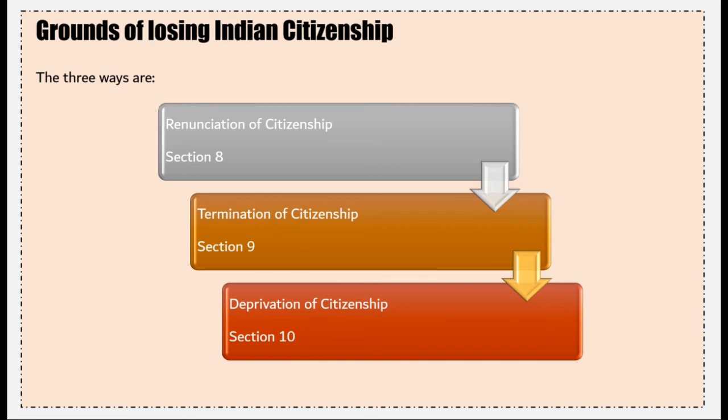But if such a declaration is made during a war in which India is engaged, the registration is withheld until the central government otherwise directs. When a male person renounces citizenship, the minor child ceases to be an Indian citizen, but the child can resume Indian citizenship within a year of attaining 18 years. Second, termination of citizenship, Section 9.